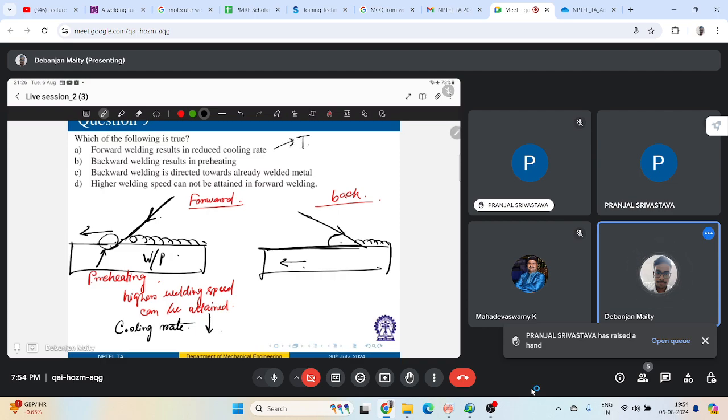So this is true, this is false, this is true, this is false. Let me know if you do not agree. We will have a final numerical.